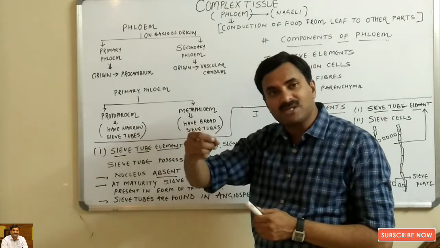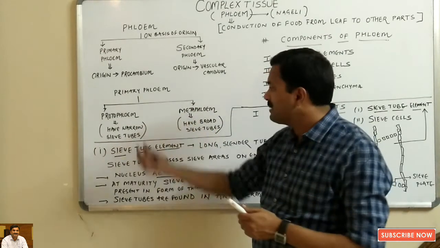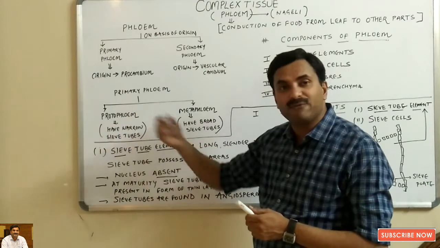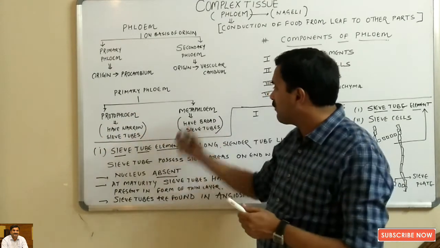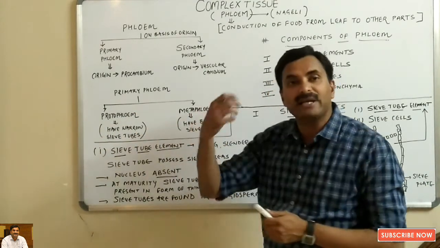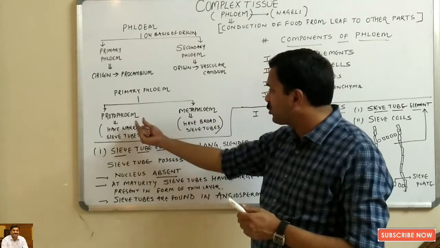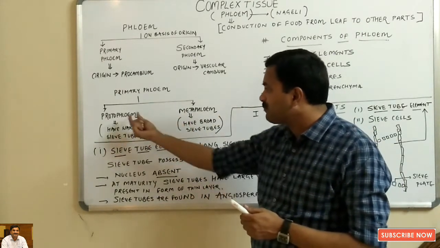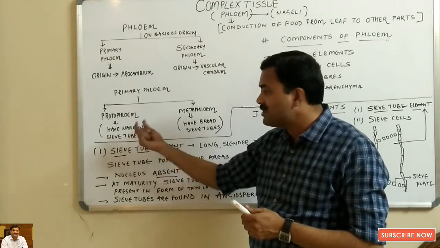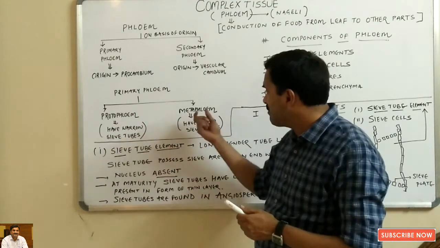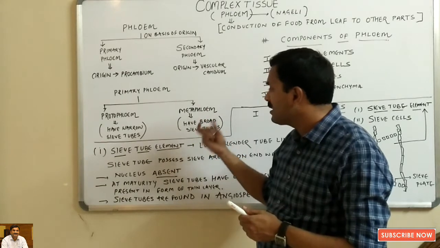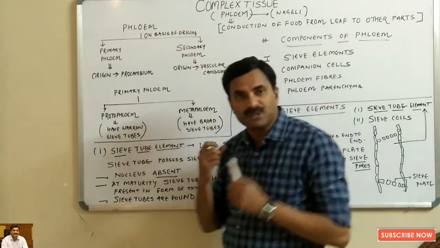Proto means first, meta means later, so the protophloem is the first formed phloem, while the metaphloem is the later formed phloem. What is the chief difference between them? Protophloem has narrow sieve tubes, and metaphloem has broad sieve tubes.